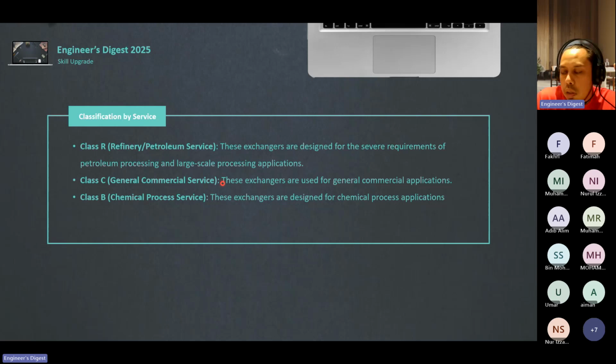Later we look in TEMA at C, B, and R. Class C and class B are less stringent, with less thickness required. Class R is more stringent because it is for refinery and petroleum service. Later when we look at TEMA, you can see there is RCB. If it's R, it is for class R. Sometimes it says CB, which means it is for class C and class B only. So don't take that into consideration if our heat exchanger is class R. It will go in detail.